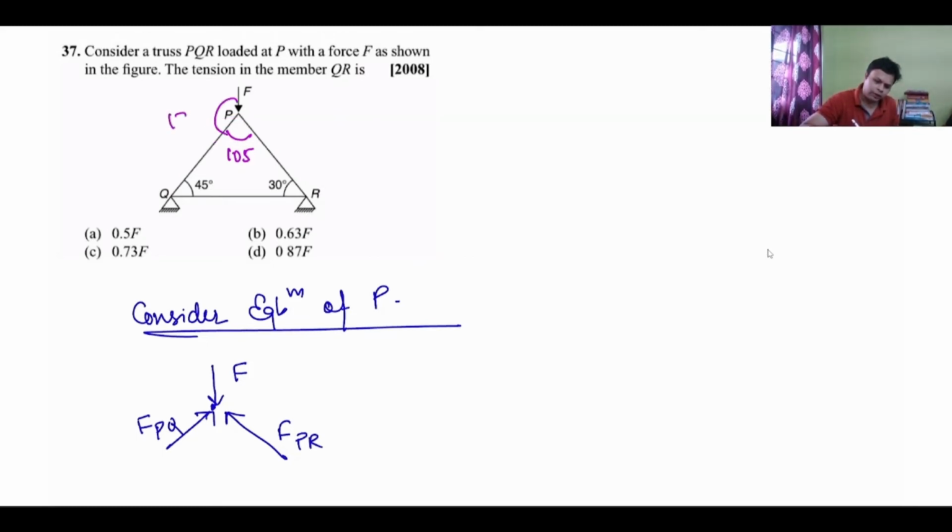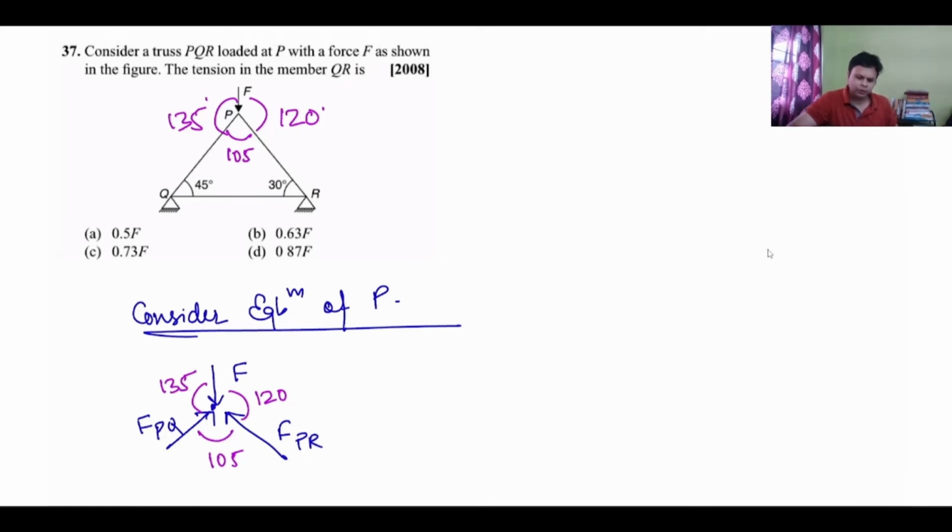This angle is 135. And this angle will be automatically 120. So 135, 105 is 240, 240 plus 120 is 360. Fantastic.